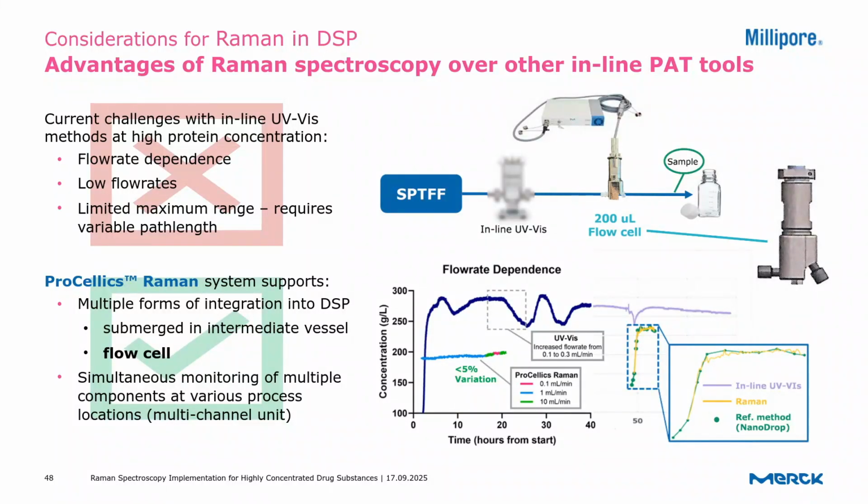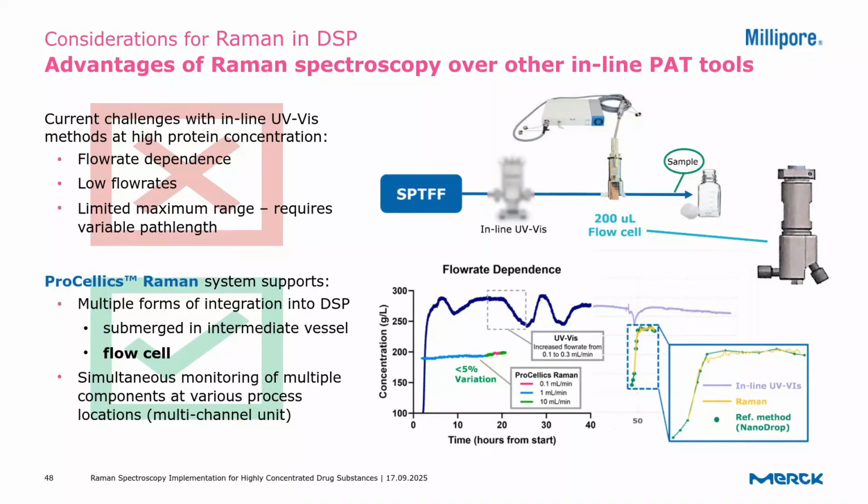Also, the stability of readings was pretty poor at low flow rates that are typical for smaller process development scales. And we see limitations of the maximum concentration range due to the nature of the UV system's variable path length.